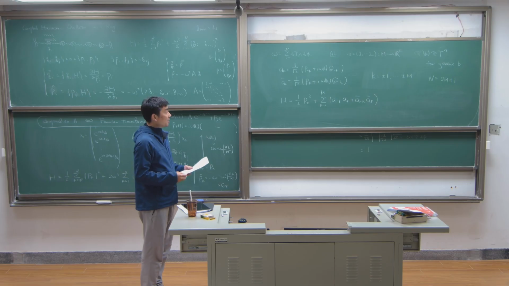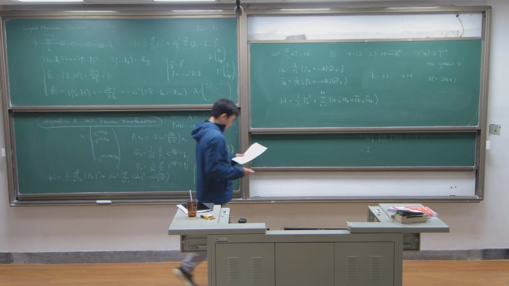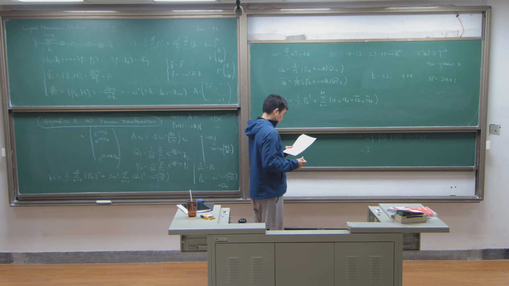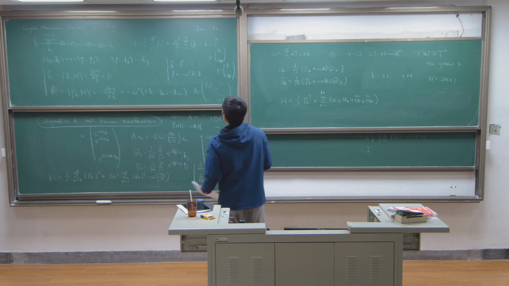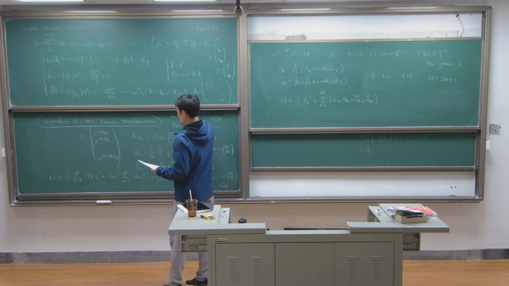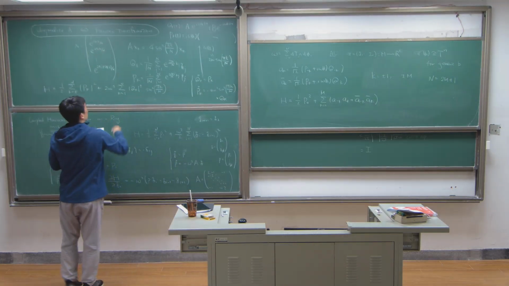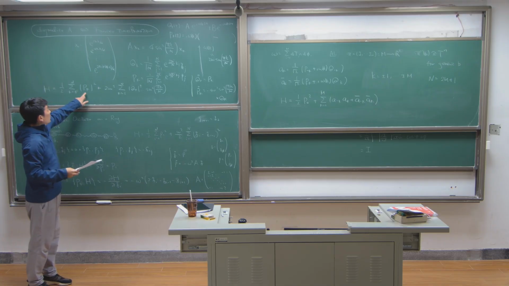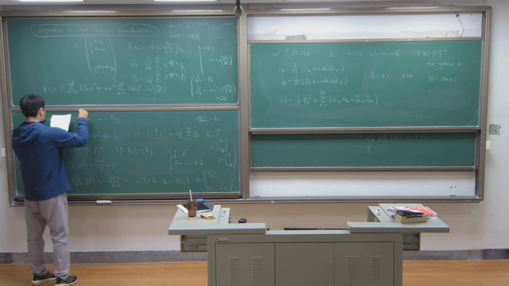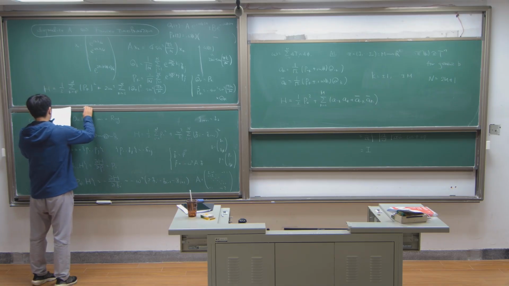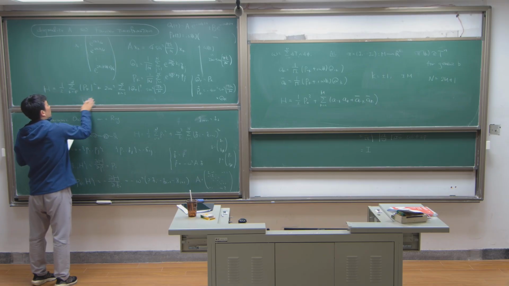It's very similar to the harmonic oscillator in quantum mechanics, with creation and annihilation operators. So this is the case, which can be easily seen from here. It's just p_k squared, sorry, maybe here.